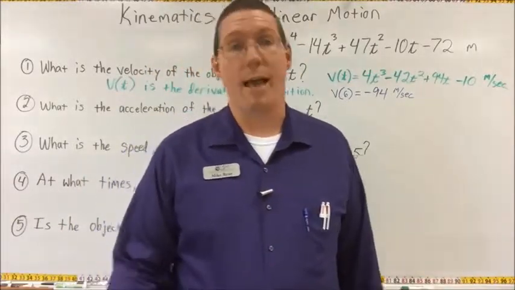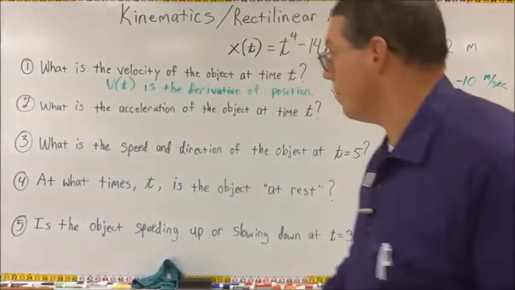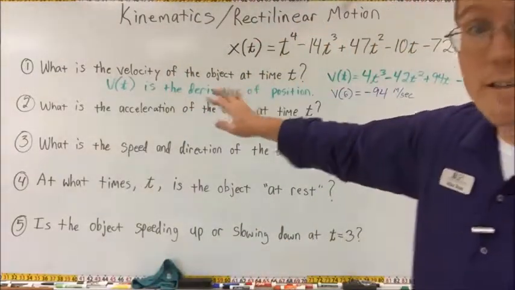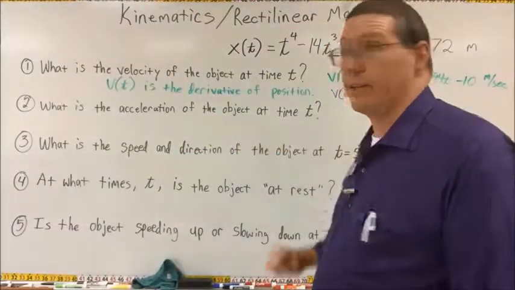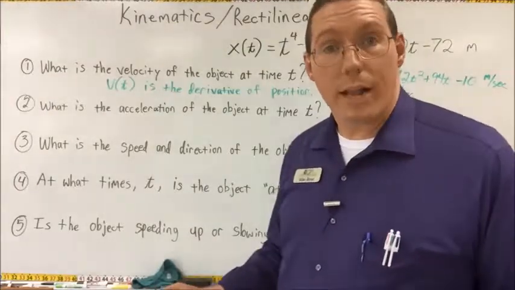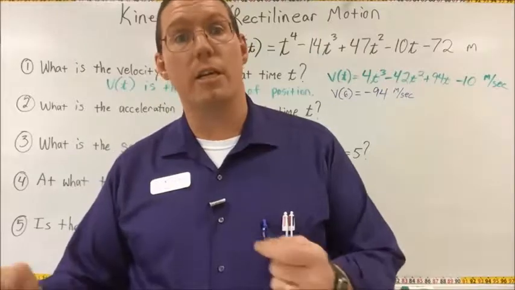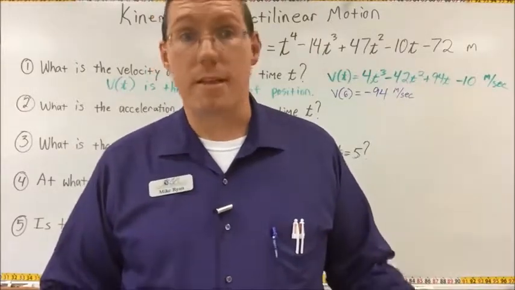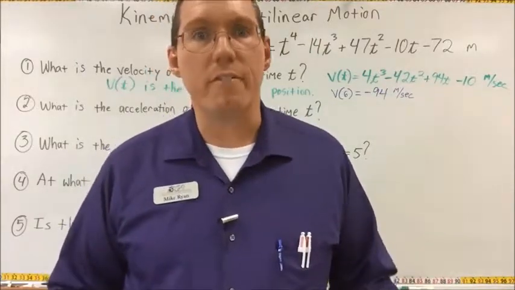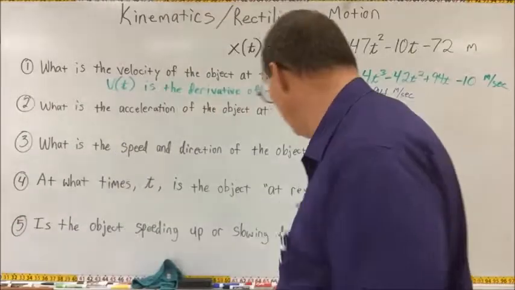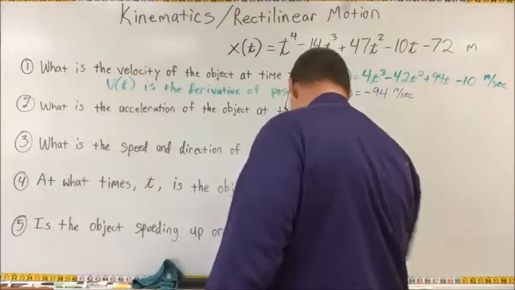Well, if you understand that, well, then this next one's going to be really easy. What is the acceleration of the object at time t? Well, acceleration is the rate of change in velocity. It's the rate at which velocity changes. That makes acceleration the derivative of velocity. So, let's see here.